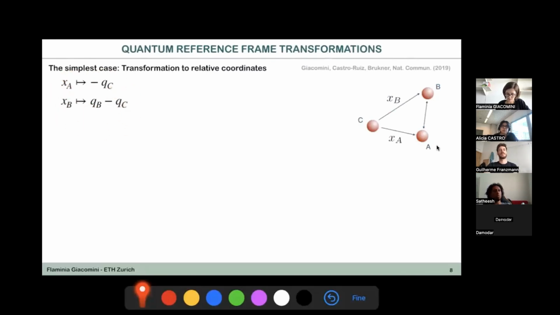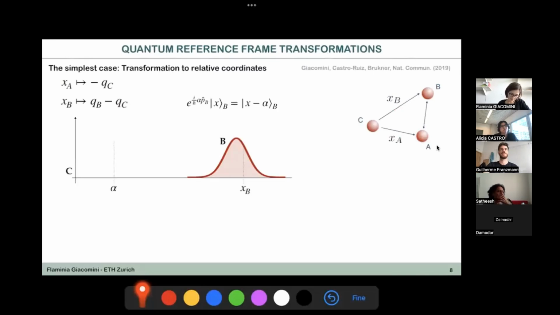The position of C from the perspective of A is simply inverting this vector, and the position of B from the perspective of A is going to be XB minus XA. So this is the transformation that we want to do.